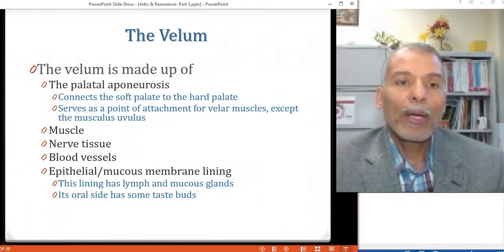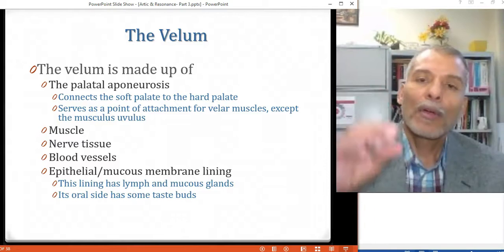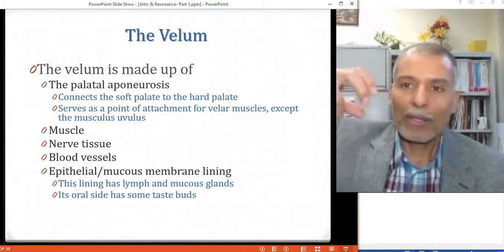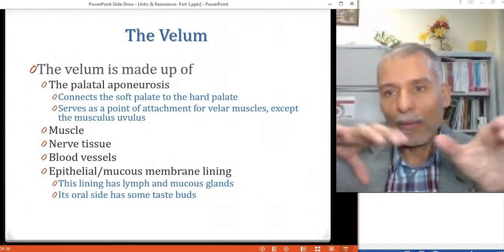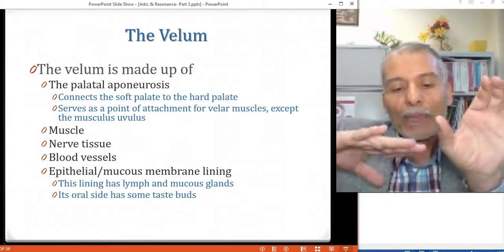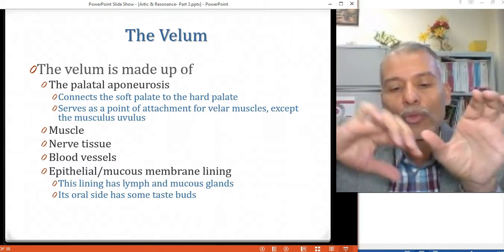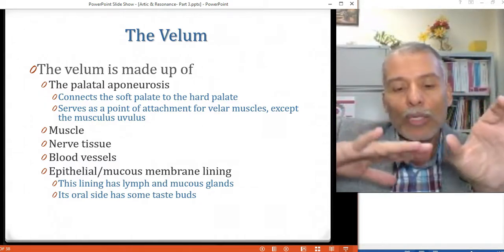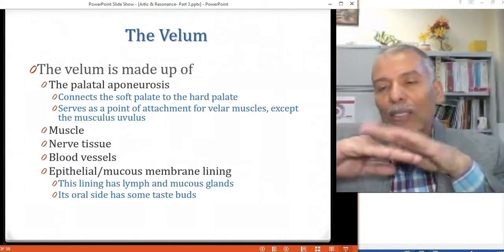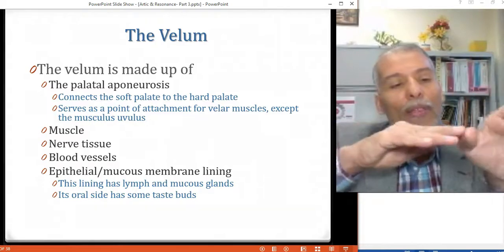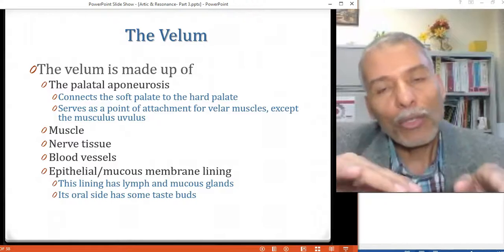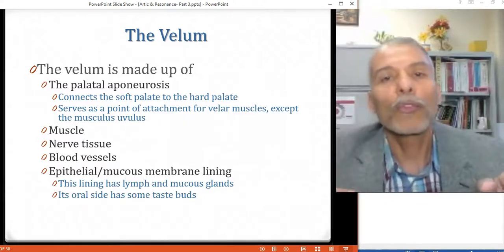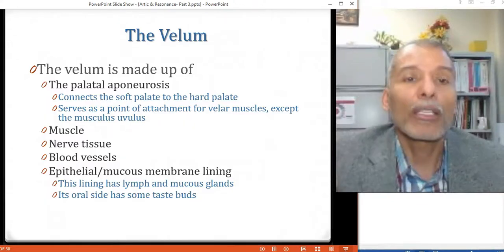So the velum is made up of a band of fiber that connects the hard palate with the rest of the muscles that make the velum. That band, soft tissue that is not bone, that connects the soft palate muscles with the hard palate, is the palatal aponeurosis, considered part of the velum because it's not hard, it's not bony.